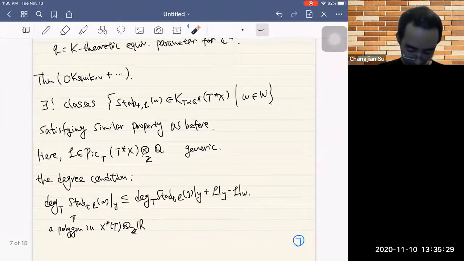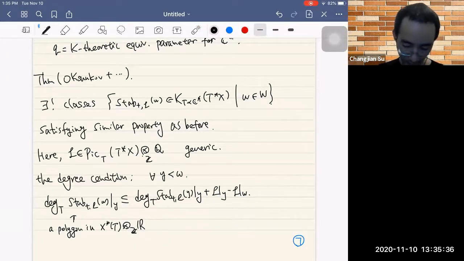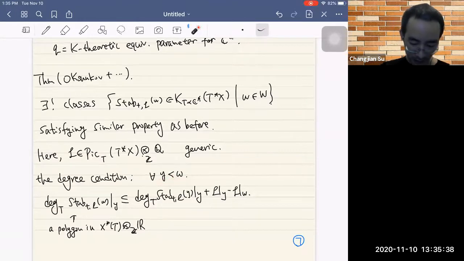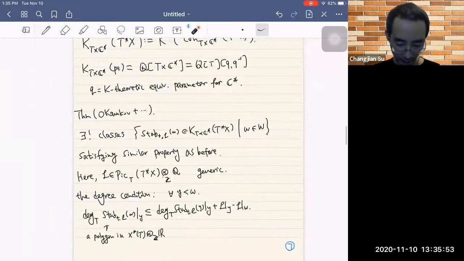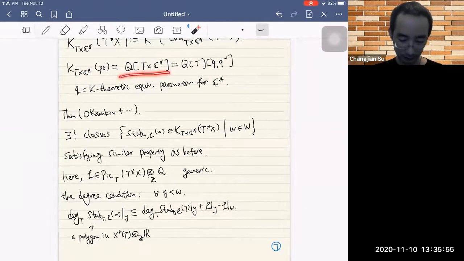Again, if you pick an element y which is smaller than w, this will be some equivariant K-theory class, and if you pull back this to some other fixed point, first of all, this will lie in the equivariant K-theory of a point. I.e. this will be some Laurent polynomial on the maximal torus T cross C star.